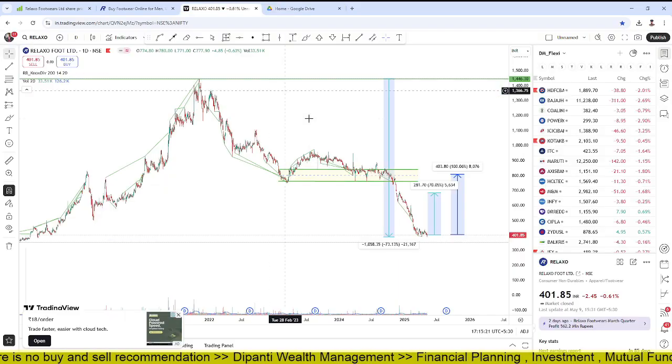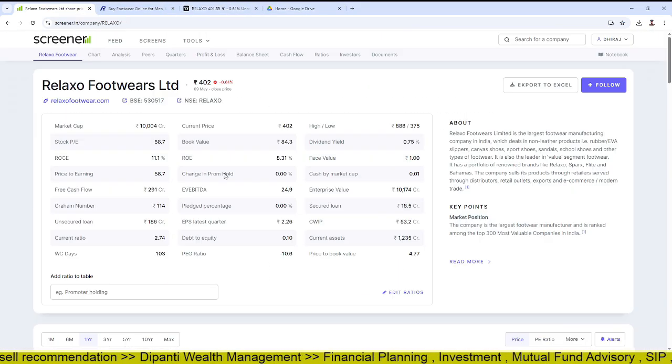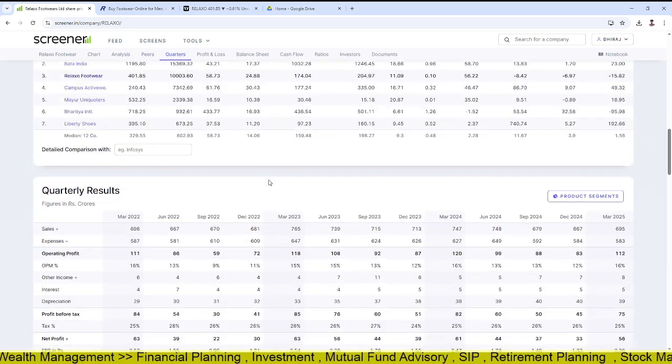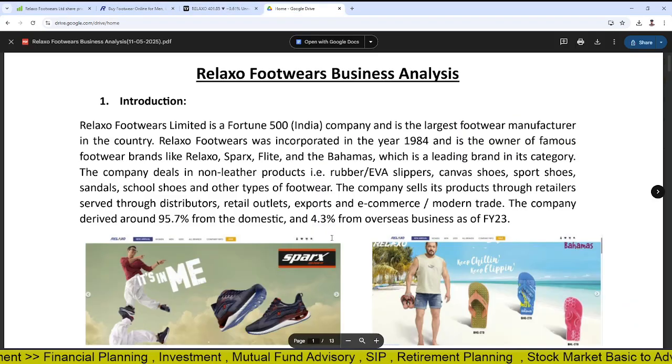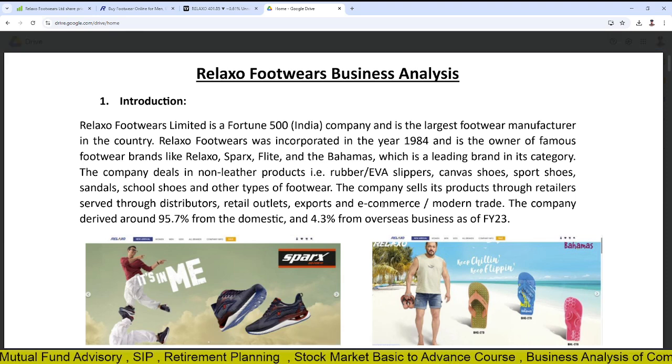Based on the technical chart pattern, we will see whether this company is value adding to your portfolio or not. So how to analyze a business, what different parameters you need to analyze, and based on the detailed analysis, how we can say that this company is undervalued and we should take a position in it.